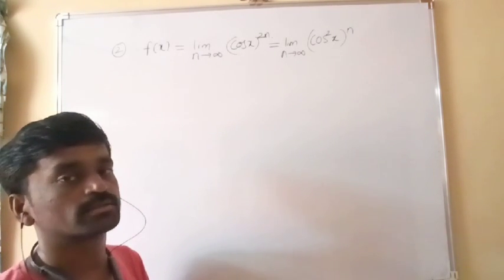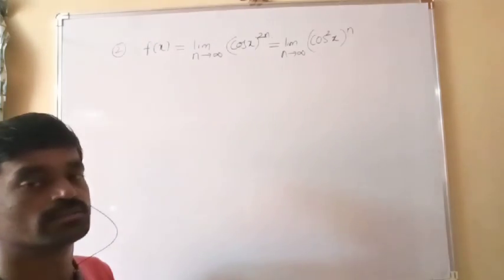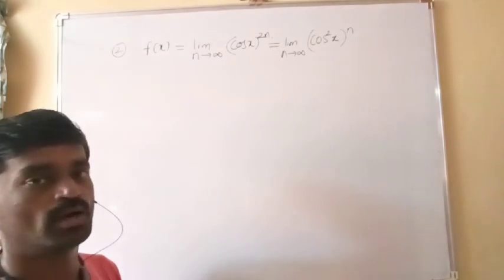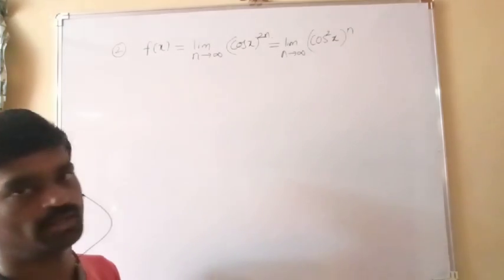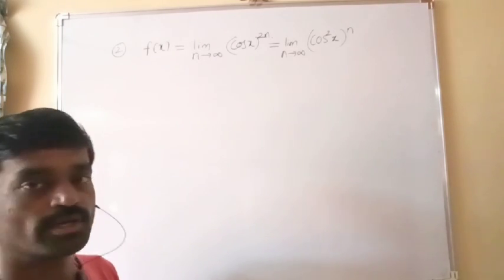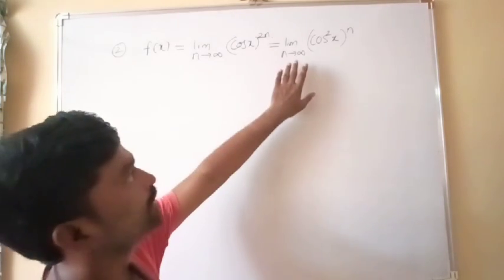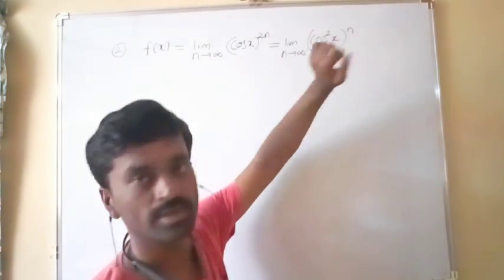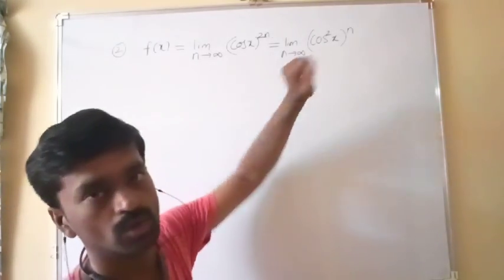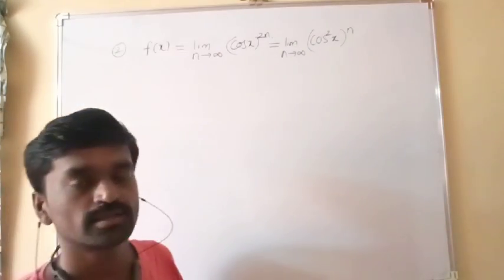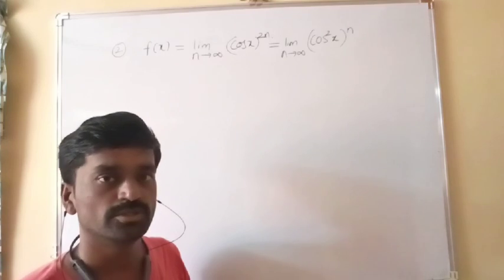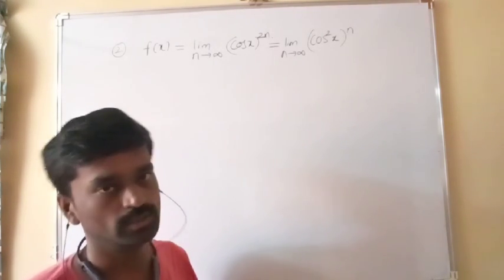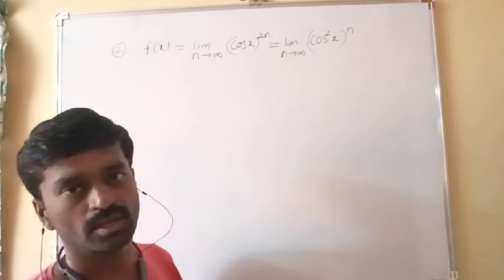Now cos square x. What is the range of cos square x? It always lies between 0 and 1, both 0 and 1 included. Is it possible for cos square x to be greater than 1? Because it looks like the limit as n tends to infinity of a power n, and instead of a, we have cos square x. Here the cos square x value may lie between 0 and 1 or may be equal to 1, but it is not greater than 1.